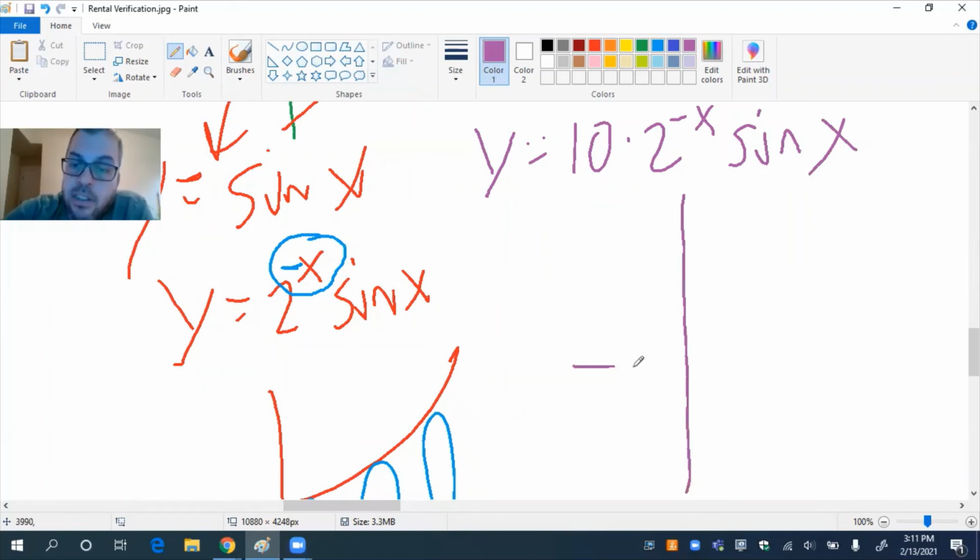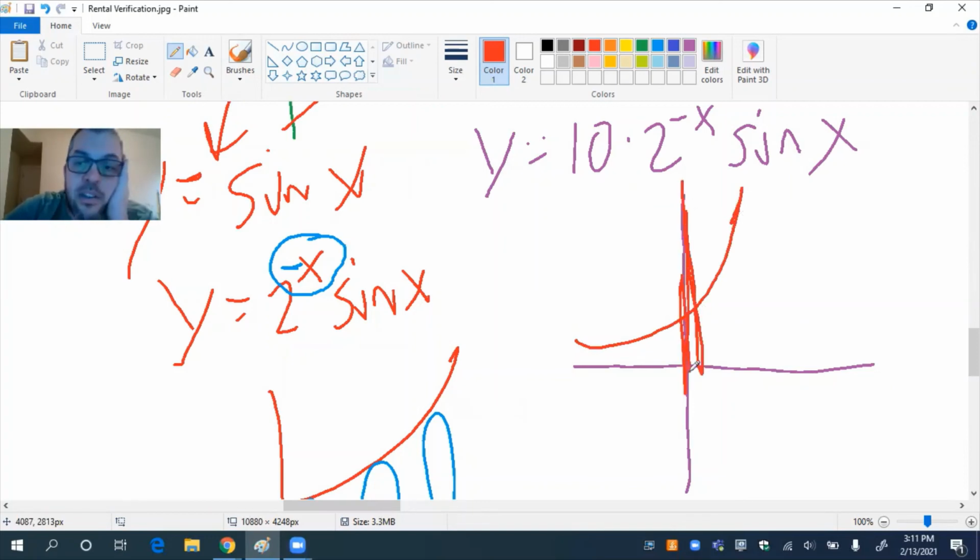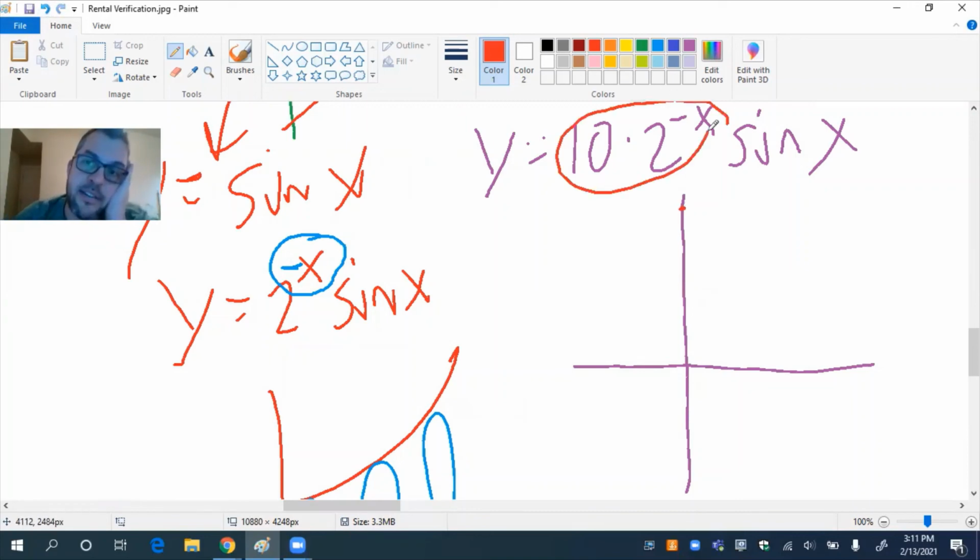And so what that would look like is we're going to be starting, as I said, this negative is going to be a horizontal reflection, so it should be this one here. And we're starting at 10. That's going to be my initial point here. So at least for my exponential function, right? For our sine, we always start here at that 0, 0 point.